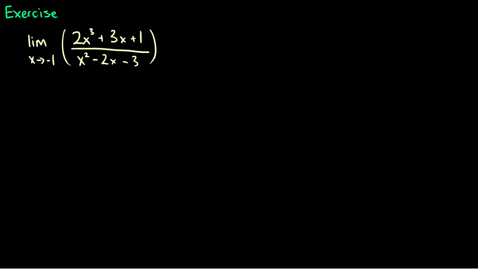One more. The limit as x goes to negative 1 of 2x squared plus 3x plus 1 over x squared minus 2x minus 3. What do you think we have to do here? Well, we definitely have to factor these. So let's begin by factoring the top and the bottom, and oh, this is going to be so much fun to factor.